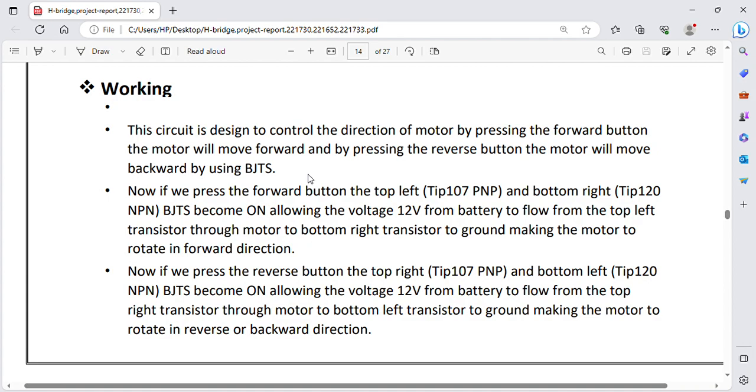If we press the forward button, the top left PNP and bottom right NPN transistors are in on state, and if we press the reverse button, the top right PNP transistor and bottom left NPN transistor are in on state. When the top left and bottom right transistors are on, the motor moves in forward direction, and when the top right and bottom left transistors are on, the motor moves in backward direction.